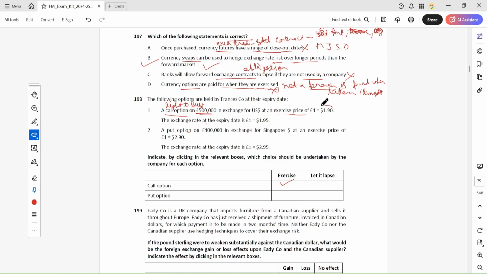You have to pay 1.90 to buy $1. Right now you have to pay 1.90, but at the expiry date you have to pay 1.95, which means you are paying higher at this rate. So you have to exercise the contract.